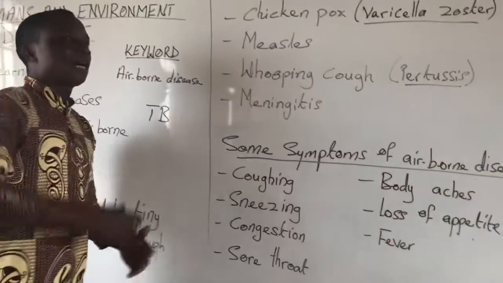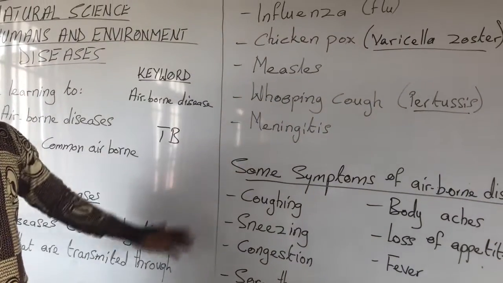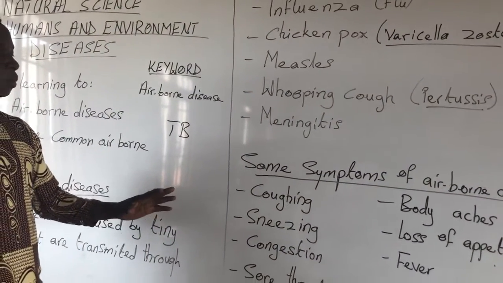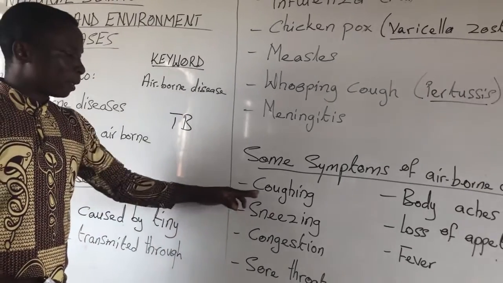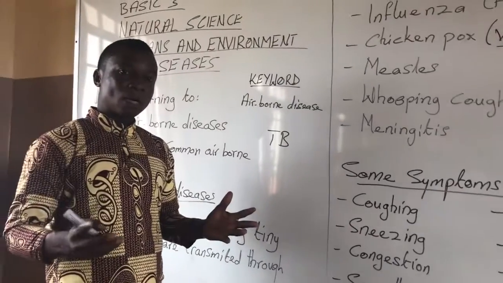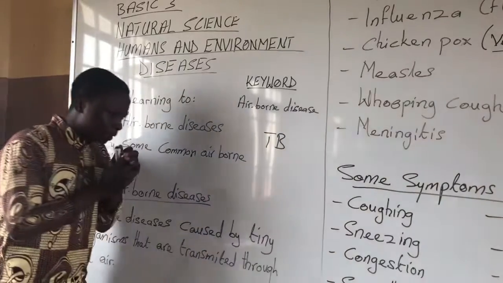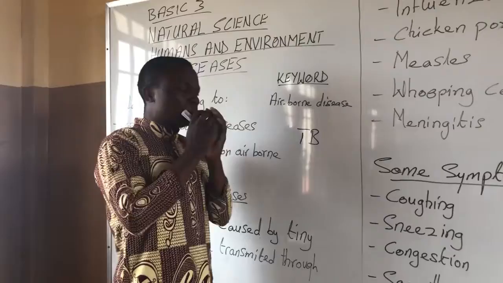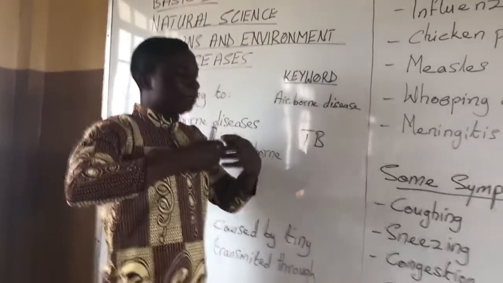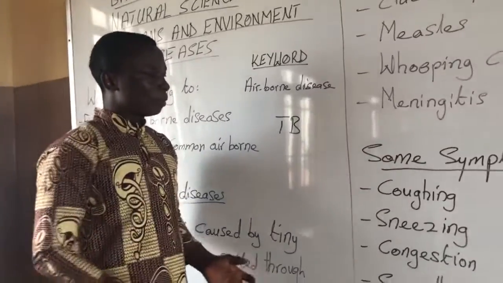We have fever. We have a lot of these symptoms, but we are to limit ourselves to specific ones. Coughing, as I demonstrated earlier on, sometimes you do not even cover your mouth, you just blow it out. Saliva, phlegm, everything will come out.